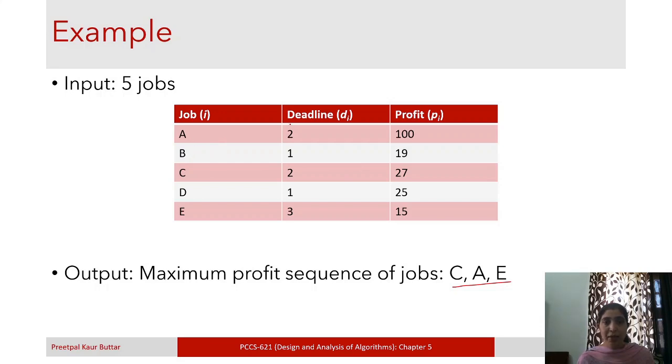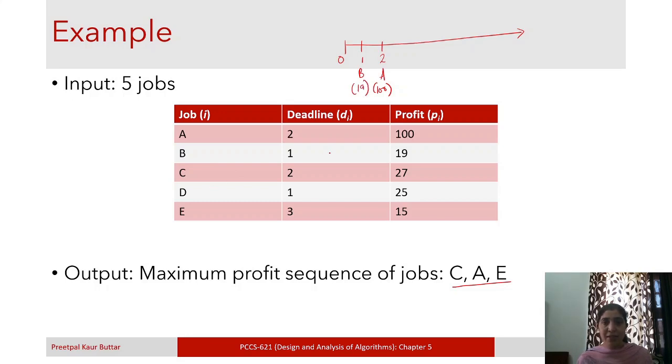Job A has deadline 2 and the profit is 100. Suppose this is our timeline, and here we are starting. This is 1, this is 2. So A must be completed before this time, and if it is completed then we will earn the profit 100. Then we have another job B. B's deadline is 1 and its profit is 90.